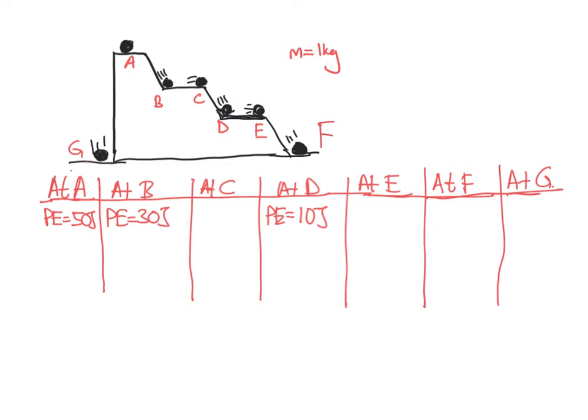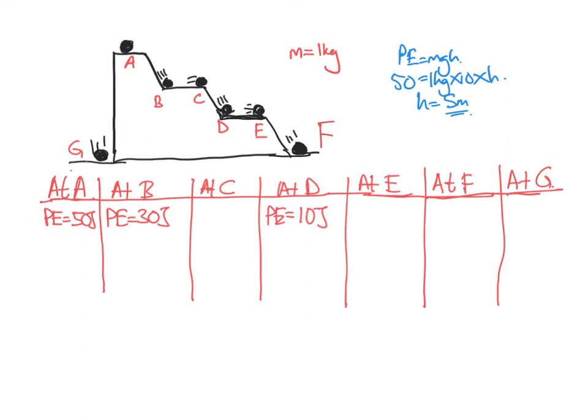For part A, the potential energy is 50 joules. From there I can find the height. PE equals mgh, so 50 equals 1 kg times 10 times h, and h equals 5 meters.